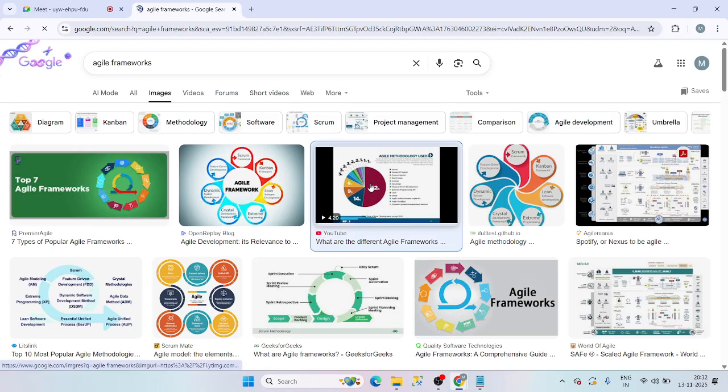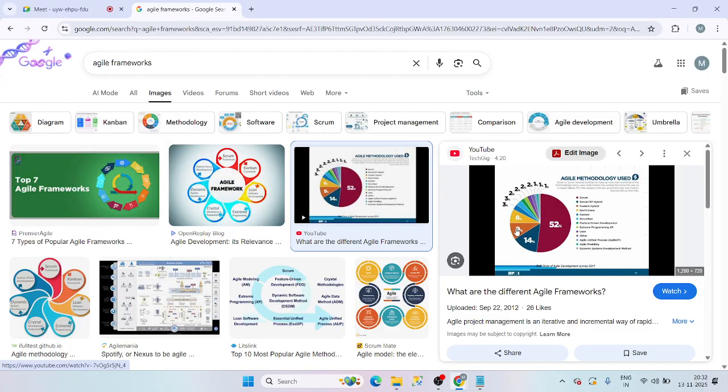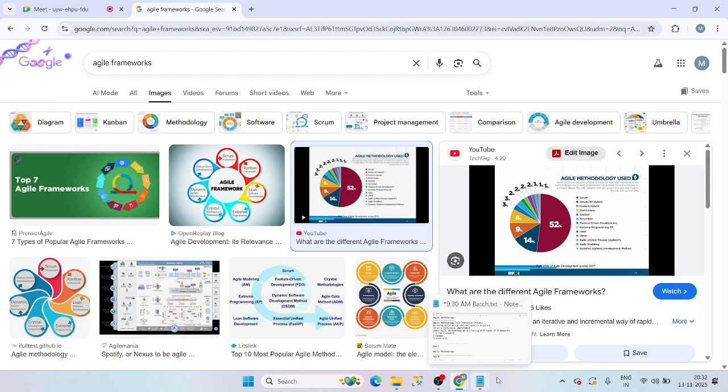Previously, we did have different types of frameworks. If you see in this diagram, we have different frameworks and different percentages. 52 is Scrum framework, 14 is Kanban, 9% XP, 8% Lean, and 3% Scrumban.